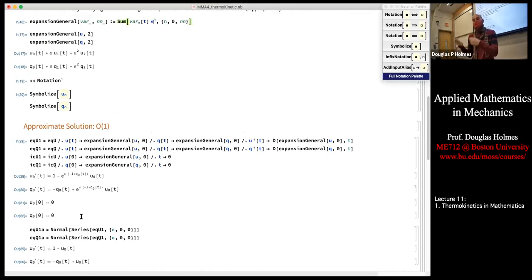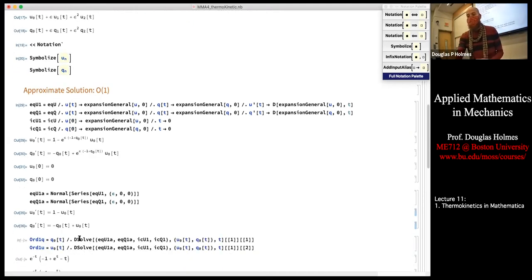So we inserted our expansion for U, inserted our expansion for Q into the equations and the initial conditions. We truncated our series by taking, this is mathematically equivalent to taking epsilon to 0. So you'll notice there is no epsilon in our equations, which is why this is the order 1 solution. And all we have to do now is solve this. And remember, this is going to use our DSolve notation. So we're solving differential equations.